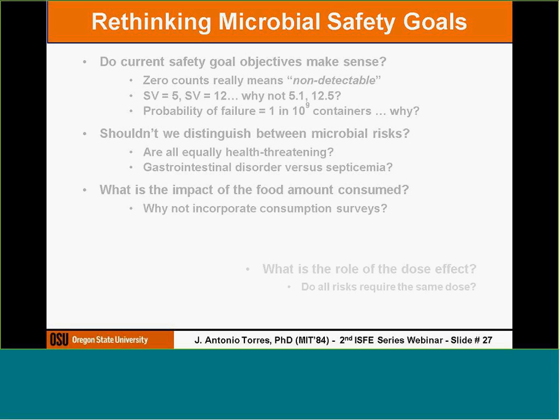A factor we should pay more attention to is the dosage. Do all get the same dose?